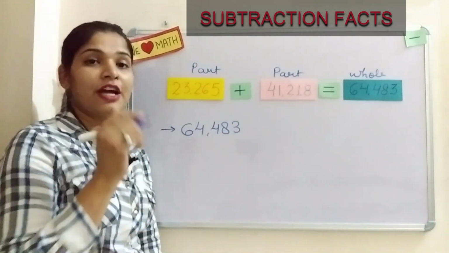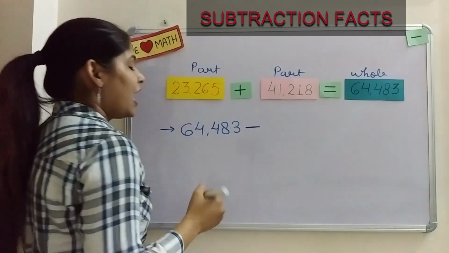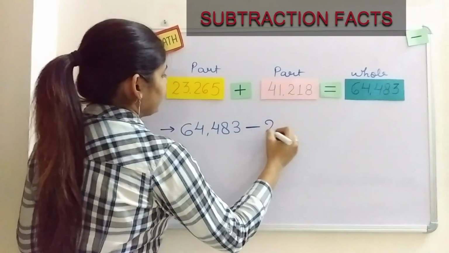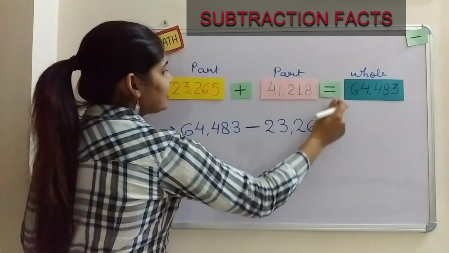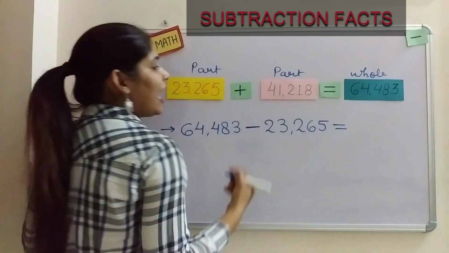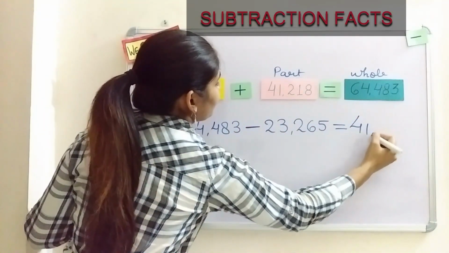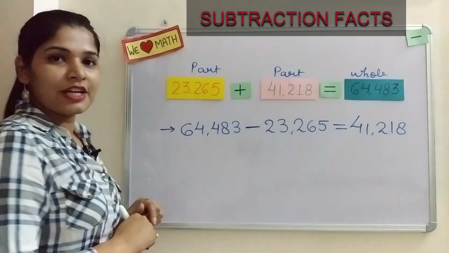In subtraction fact we use the subtraction symbol, that is minus, and then we write down one part, the first part. So it will be 23,265, and similarly the equals sign, and we will get the answer as the second part, 41,218. And this is the first subtraction fact.